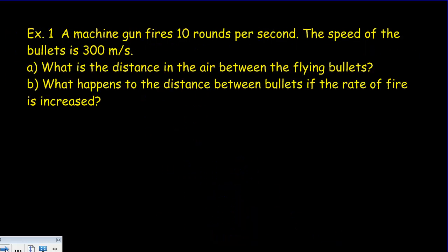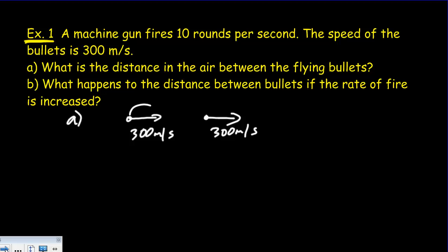Okay. The second example here, it's really a preview into what's coming up in a second. I'd like you to try the question, then come back for the answer. Okay, part A, I'm expecting that your thinking went something like this. You'd say, okay, we got these bullets traveling along at 300 meters per second, and the amount of time between firing, well, it's 10 rounds per second, so that means it's going to be 1 over 10, or 0.1 seconds between firings, and then you'd say that distance equals speed times time.